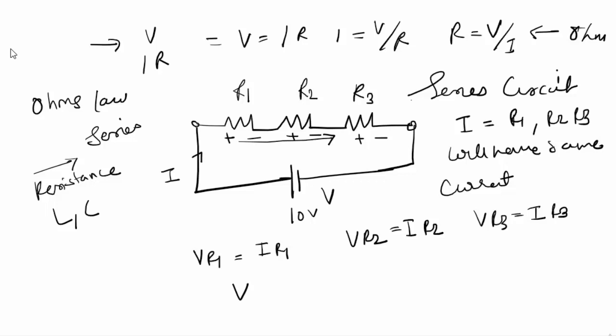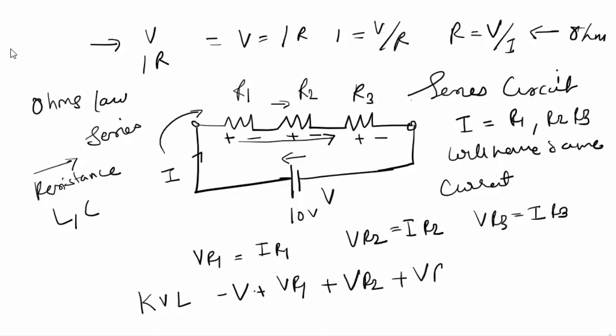Again, for the total voltage, if you are applying the KVL, there is a voltage rise here, and you are going in this direction. So minus V plus VR1 plus VR2 plus VR3 will always be equal to 0.